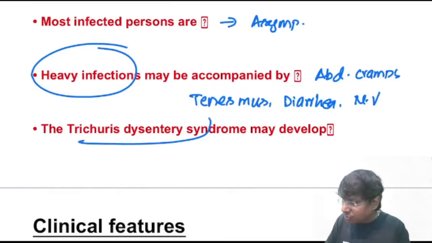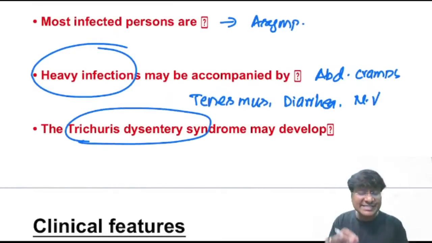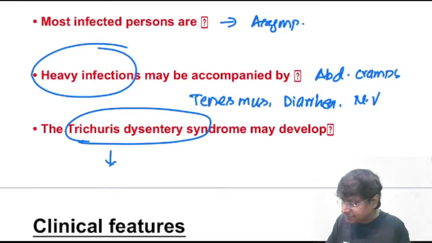And we have a syndrome called trichuris dysentery syndrome. This may develop particularly in malnourished young patients.